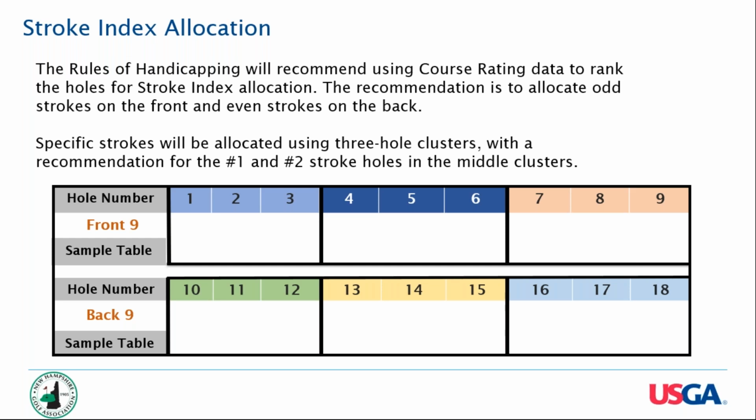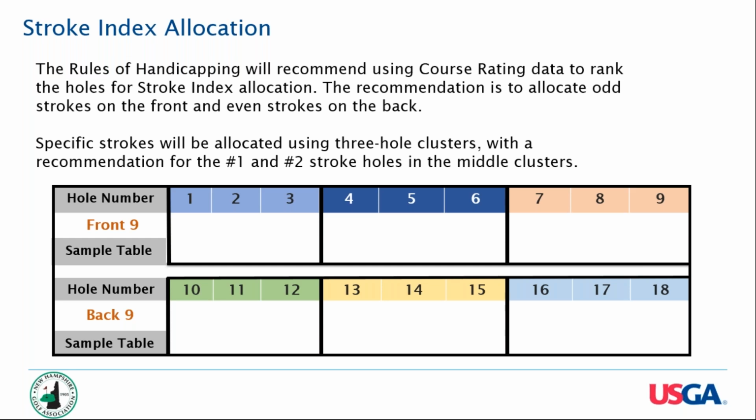So right now, I've been going through taking scorecards and entering the stroke index allocations from your scorecard. If you'd like something different, if you want me to run the numbers from the course rating system, I certainly can do that. And then going forward, if your course gets re-rated in a given year, I will give you the recommended allocations based on the new numbers.